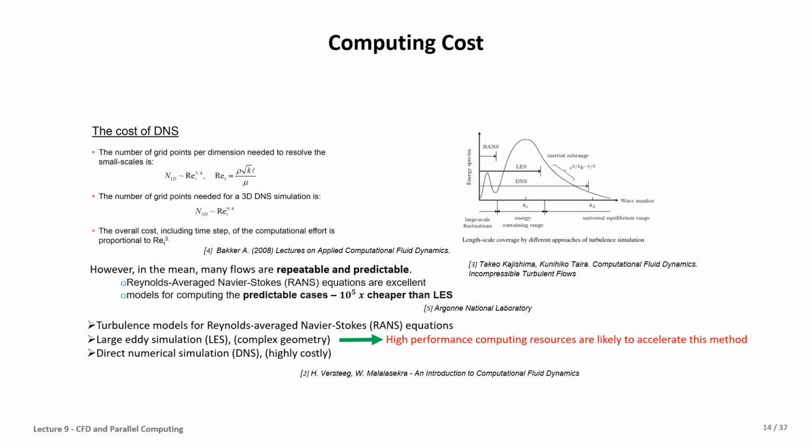When you look at the computing cost, we can see this is the example of the cost of DNS, where we need to calculate the grid points per dimension, especially focused on the small scales. The degrees of freedom are relevant to Reynolds number to the power of 3, and this makes the computation costly, especially when we have a 3D DNS simulation.